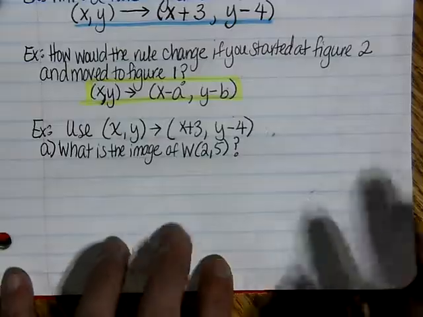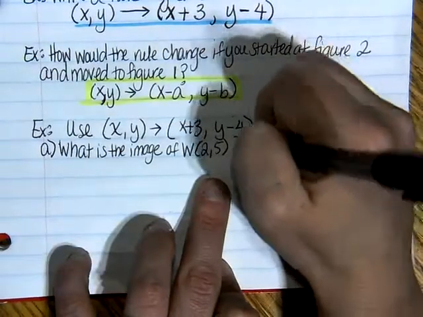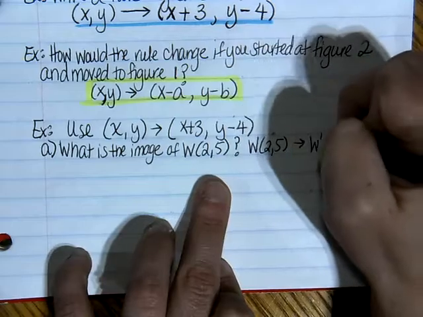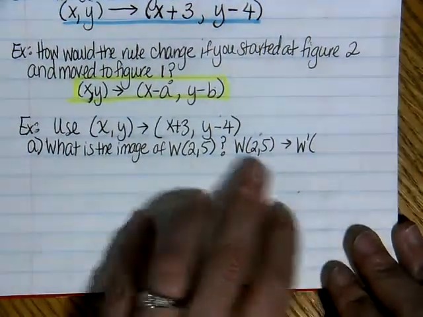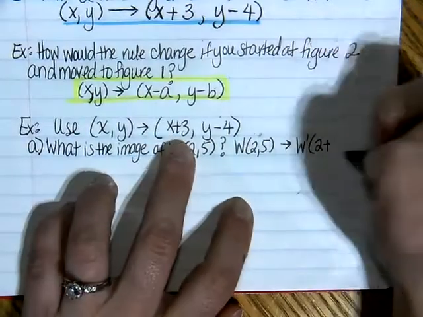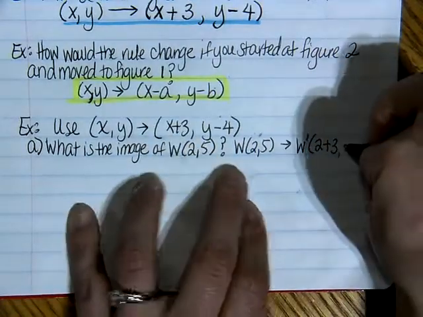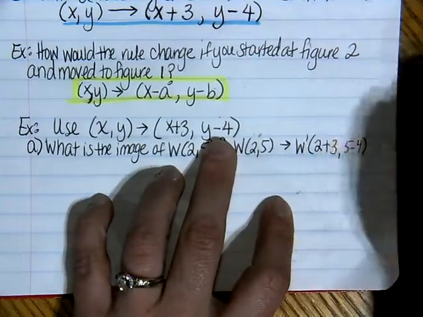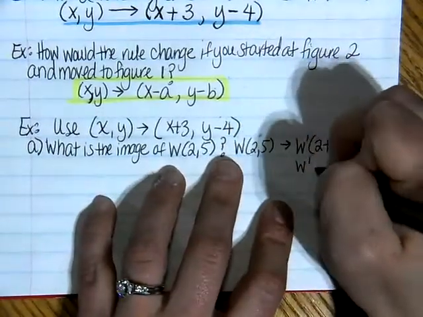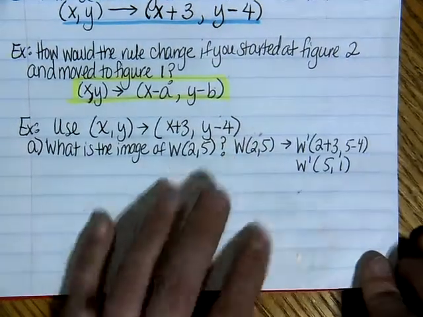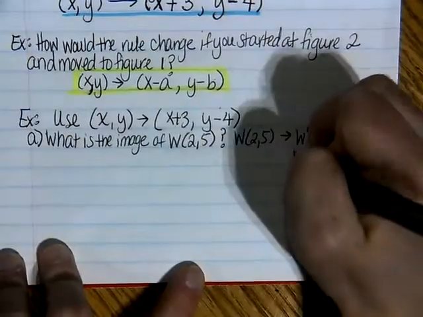So W at 2, 5 changes into W prime. W prime is where you take your x value, which is 2, and you add 3 to it. And then you take your y value, which is 5, and you subtract 4. So W prime becomes 5, comma, 1. And that is your answer.